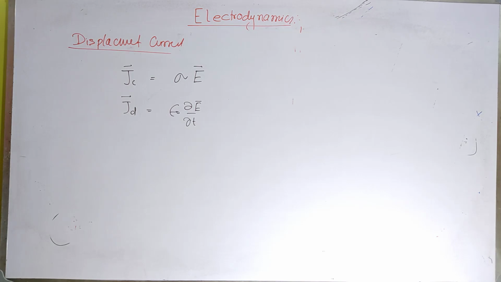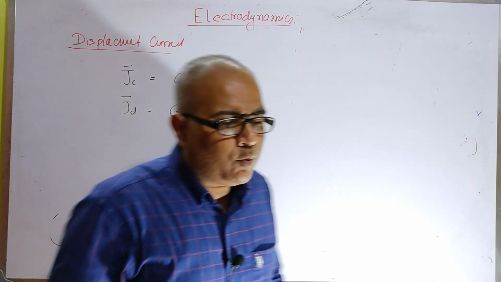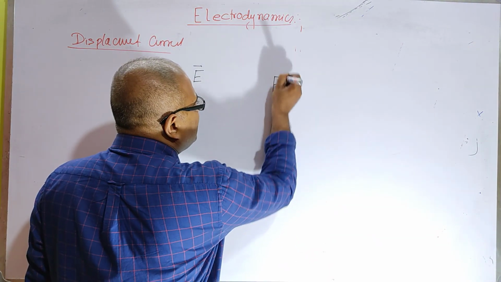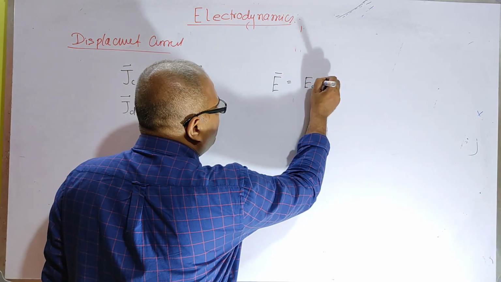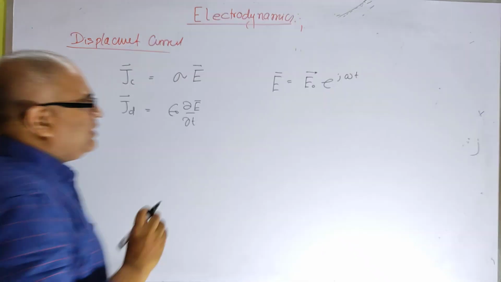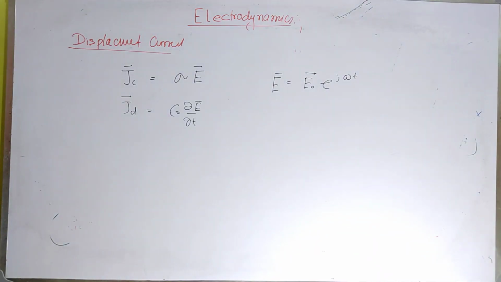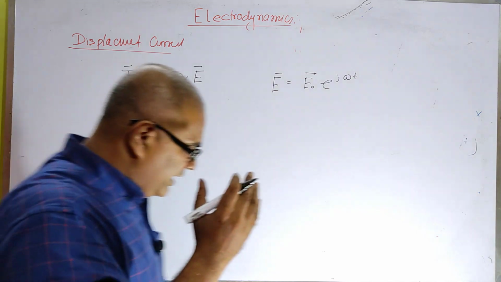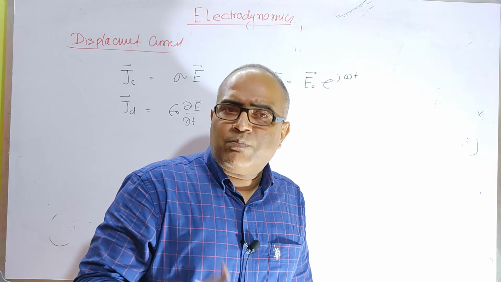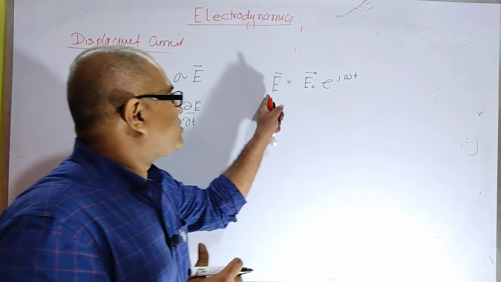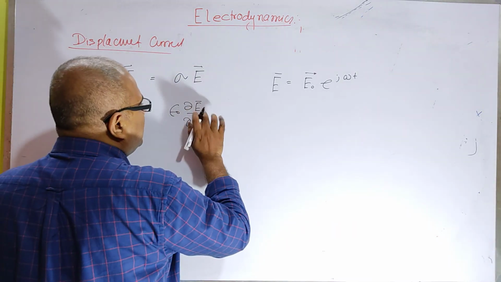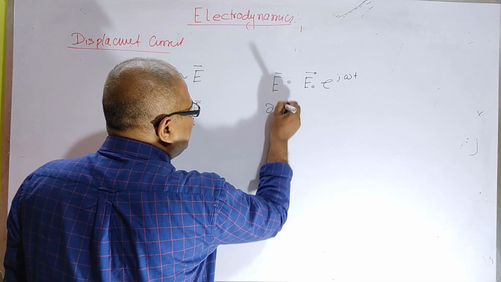Basically, when we study any field, we consider that this field has a time varying form like this. Let's consider this electric field. In electromagnetic waves, we most commonly take time varying fields, so I write an expression E equals E naught e to the power j omega t. So you can take del E del t.